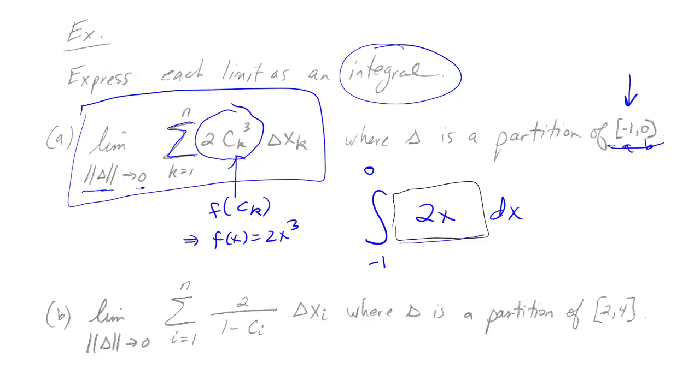So all we have is 2x cubed, and there's our definite integral. The integral from -1 to 0 of 2x cubed dx. All right, just a translation problem. Okay, let's try another one.